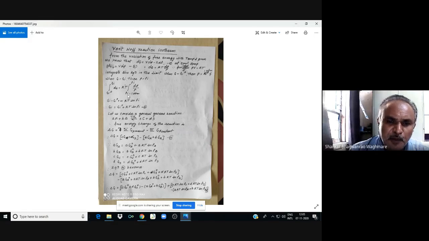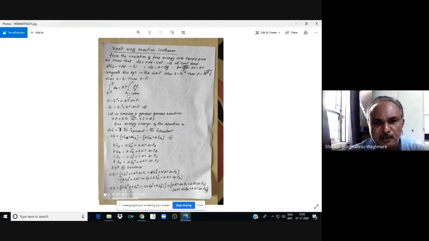The integration limits are as follows: the lower limit is when the partial pressure is the standard pressure, that is 1 atmosphere. Suppose the free energy in its standard state for the i-th constituent is Gi0.